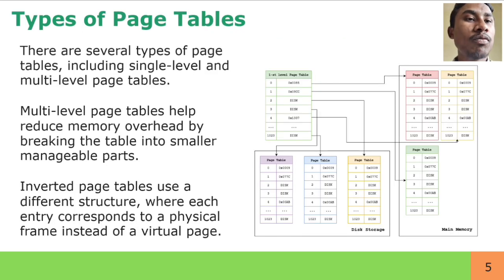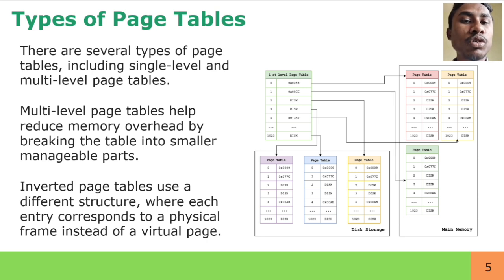So, types of page tables. There are several types of page tables, including single-level and multi-level page tables. Multi-level page tables help reduce memory by breaking the table into smaller manageable parts.